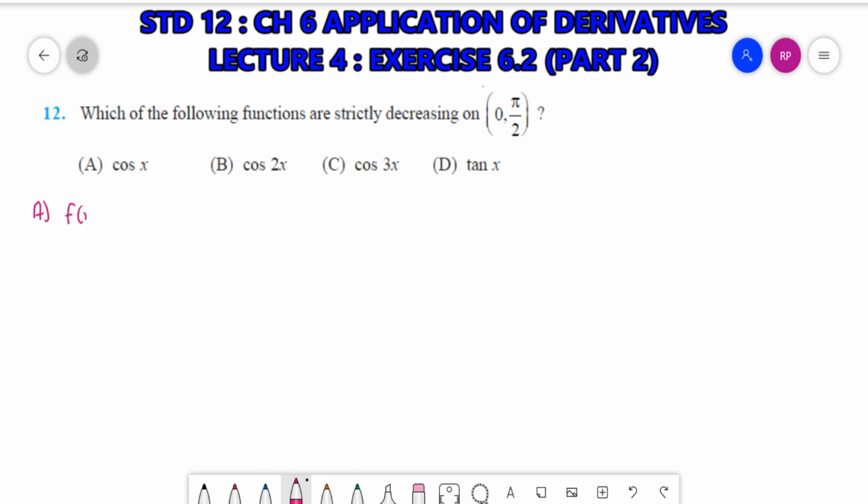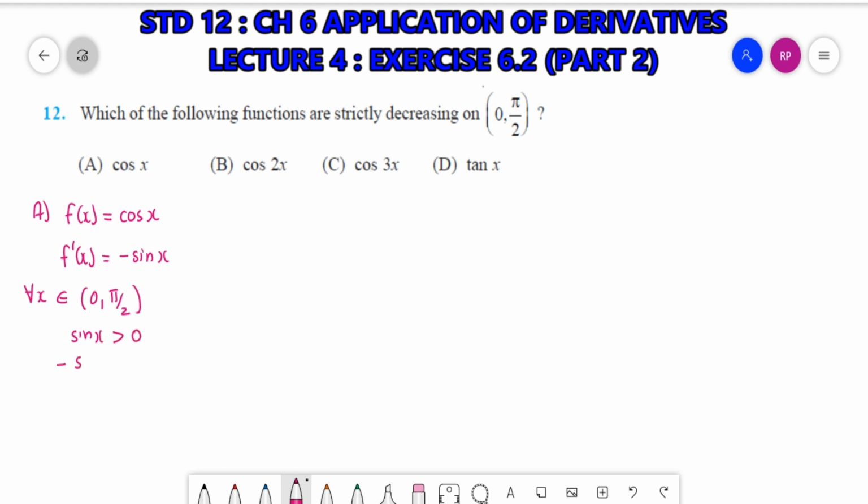Let's take f of x is equal to cos x. Okay, so when I differentiate it, I will get f dash x is equal to minus sine x. Now see, for every x belonging to 0 to pi by 2, sine x is greater than 0, right?